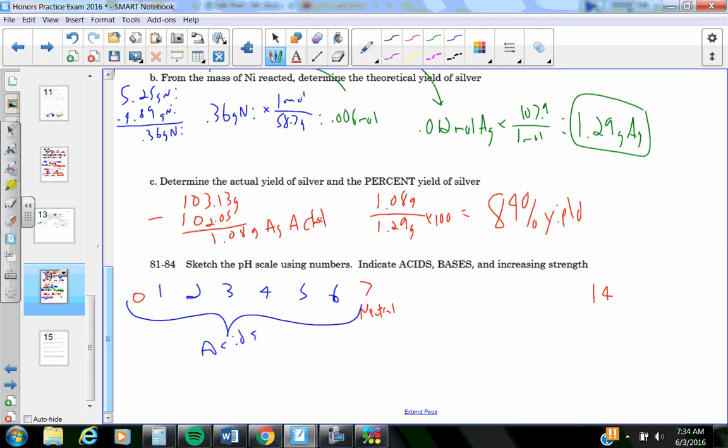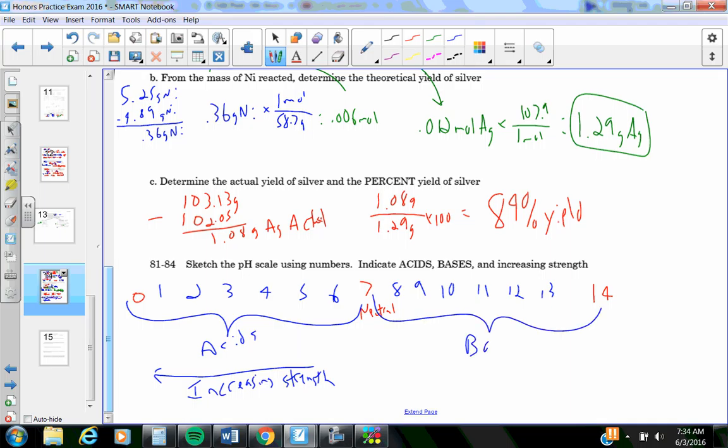And as you go this way, it increases in strength. The smaller the number, the stronger the acid. 8, 9, 10, 11, 12, 13, and 14, all of those are bases. And as you go this way to the right, it also increases, but it increases the strength of the base, increasing strength.